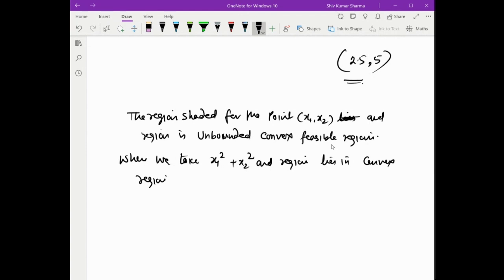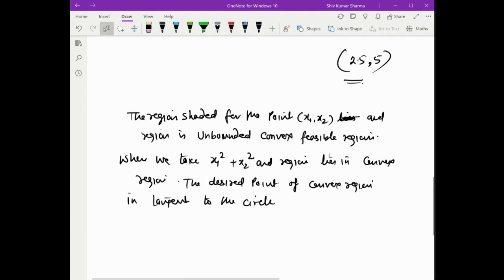So the desired points of the convex region in the tangent. So we use the tangent to the circle.